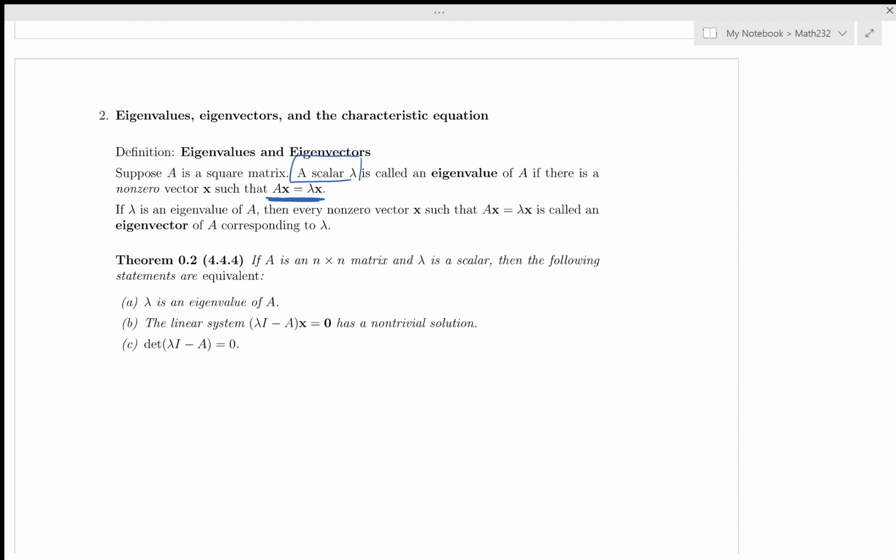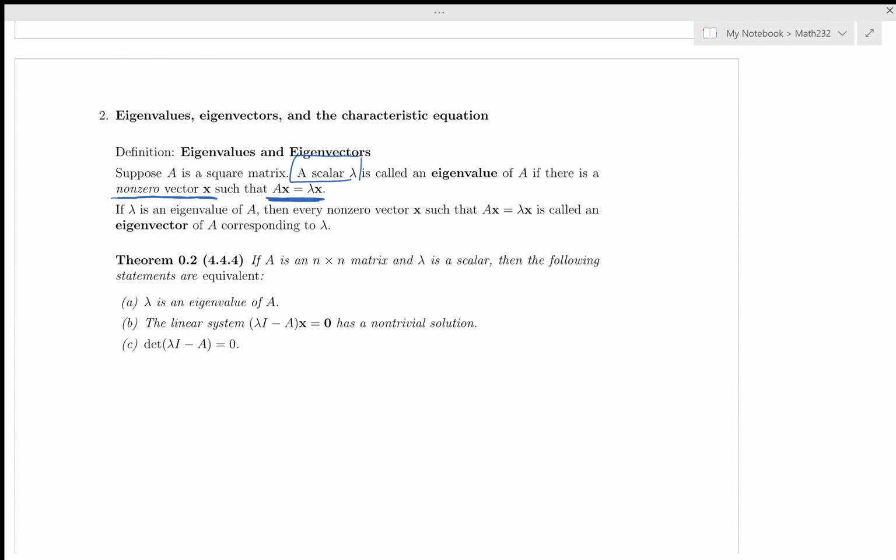Okay, lambda is an eigenvalue of A if there's a non-zero vector x such that this equation holds true. If x is 0, then it doesn't matter what the value of lambda is; it will always be true.